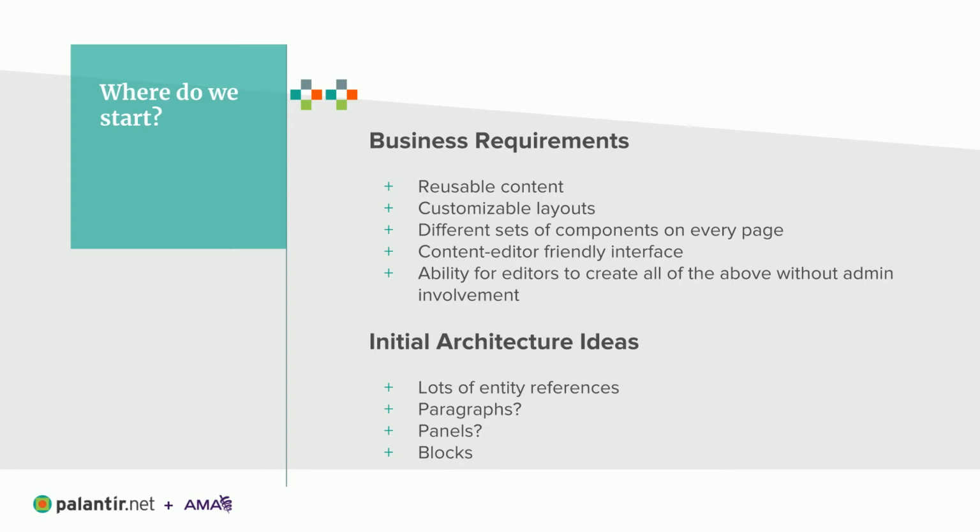So our business requirements for these topics pages: the AMA has several web properties that have content in different areas, like JAMA, the Journal of the American Medical Association, which is our publication. We have a Wire blog, and then we have a corporate website.